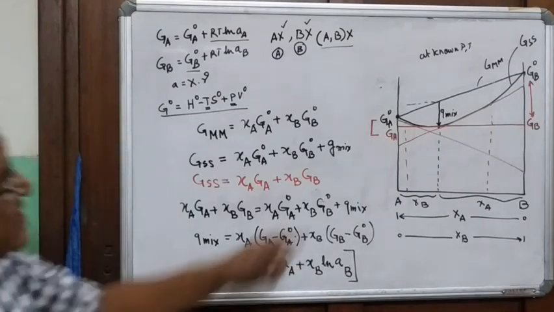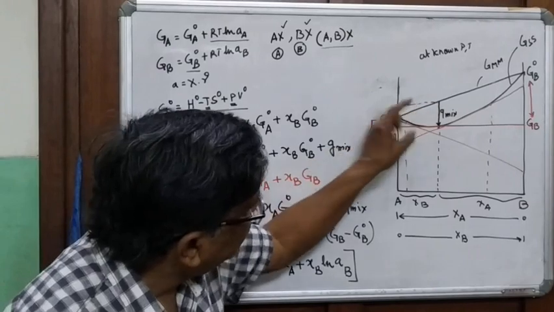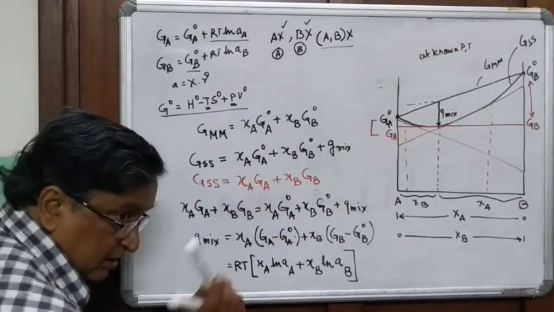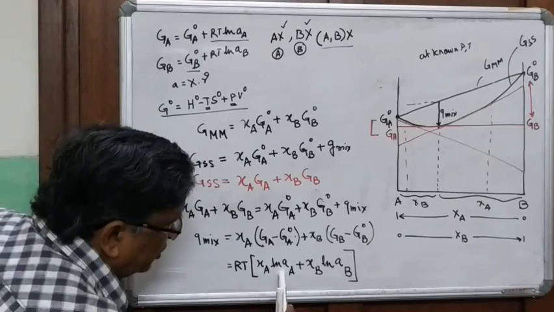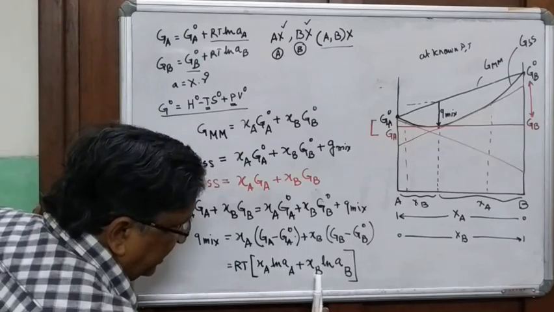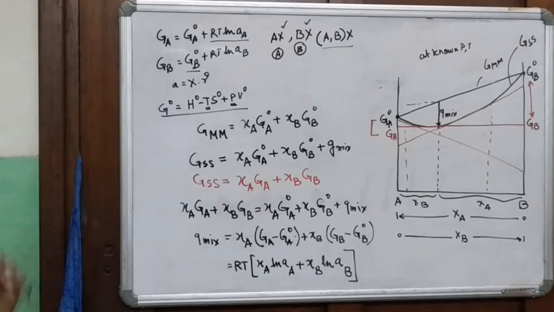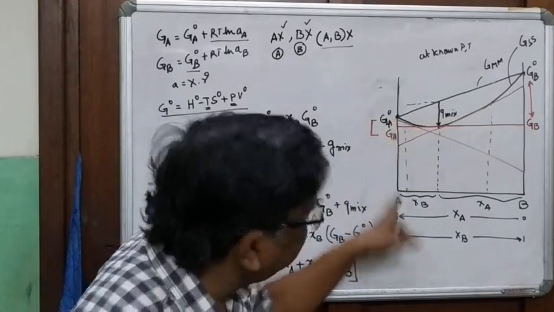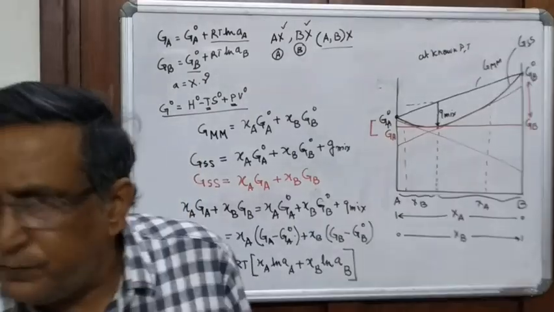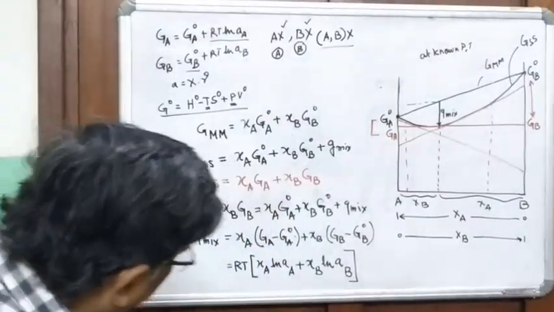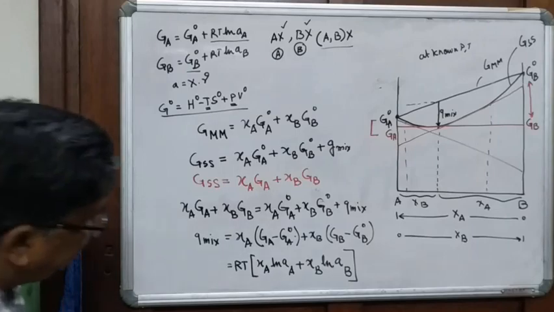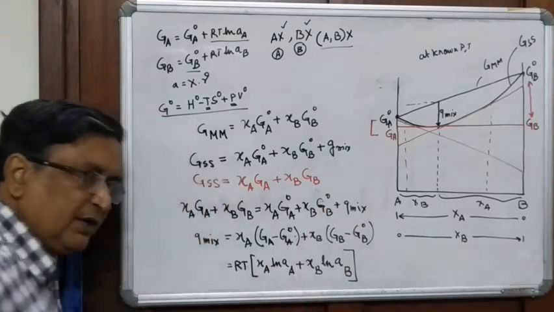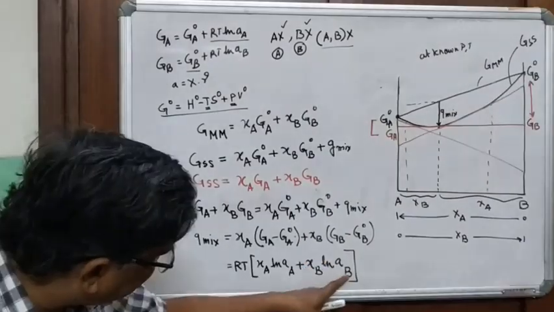What is Gmix therefore? RT, constant, XA into ln activity A, XB into ln activity B. Now we know that Gmix should be 0 at pure A. Let's see whether it's right. At pure A, XB is equal to 0, so this term vanishes.